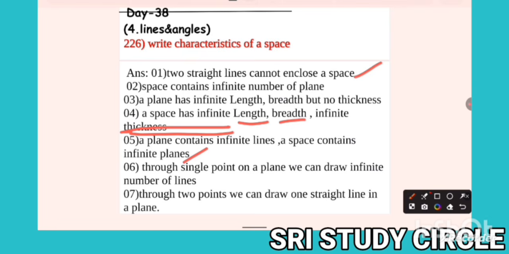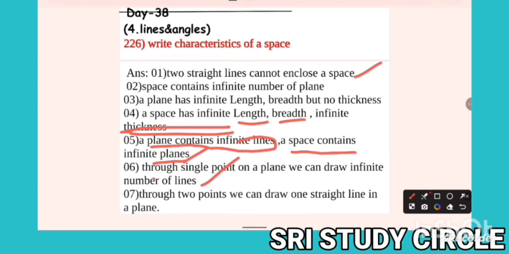The differences between plane and space. Listen here. A plane contains infinite lines, but space contains infinite planes. Through a single point on a plane, we can draw an infinite number of lines.